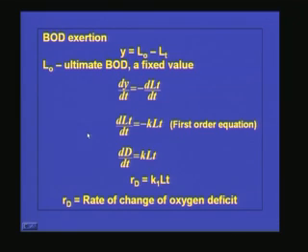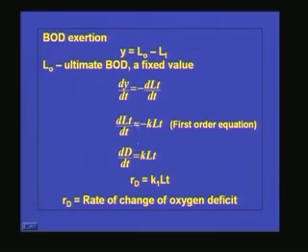Okay, so I will explain once again. y is the BOD exerted, that is the difference between ultimate BOD and the organic matter concentration left over, or the rate of BOD exertion dy by dt is proportional to the concentration of organic matter left over in the system, that we can write as minus dLt by dt, and dLt by dt is equal to minus kLt, because we are assuming that the BOD exertion is a first order reaction.